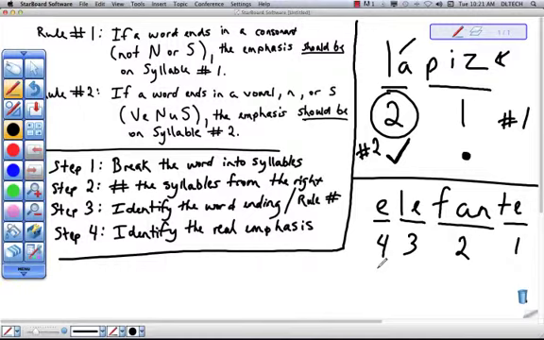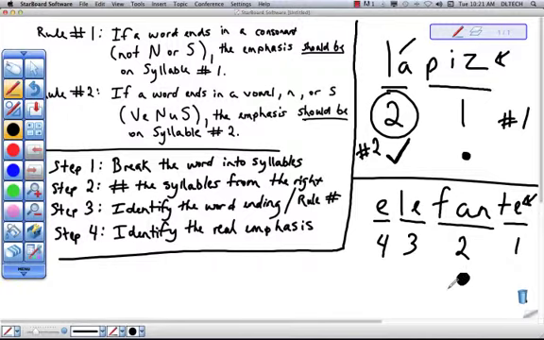It ends with a vowel. So we look at our rule numbers. Rule number 2, if a word ends in a vowel, an N, or an S, and in this case it ends in an E, which is a vowel, the emphasis should be on syllable number 2. So according to the rules, the emphasis should be right here.